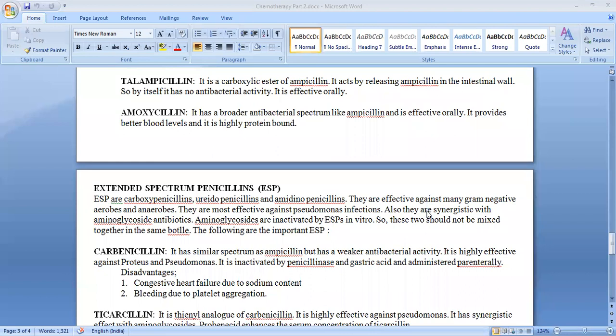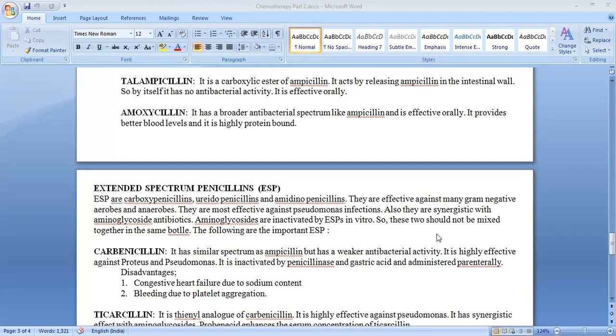These extended spectrum penicillins are very effective against organisms called pseudomonas. And if you combine them with aminoglycoside antibiotics, they have a synergistic action. Now, if it is combined with the aminoglycoside antibiotic in the bottle itself, then it will get inactivated. But if you give them separately, then they have a synergistic action.